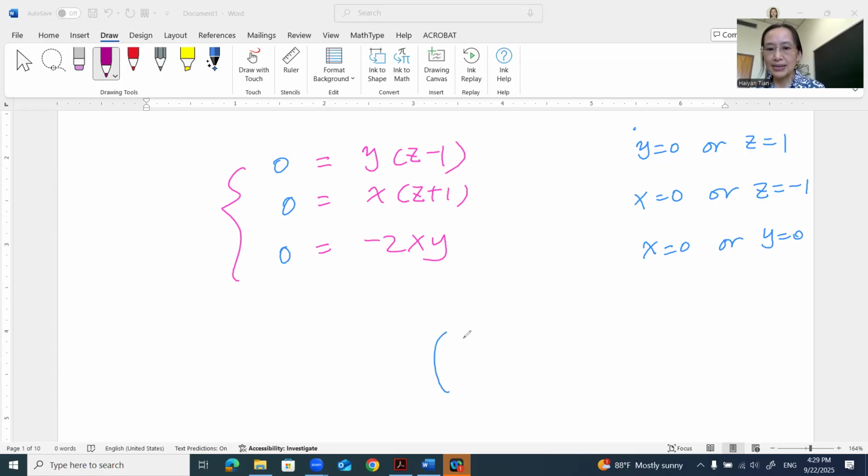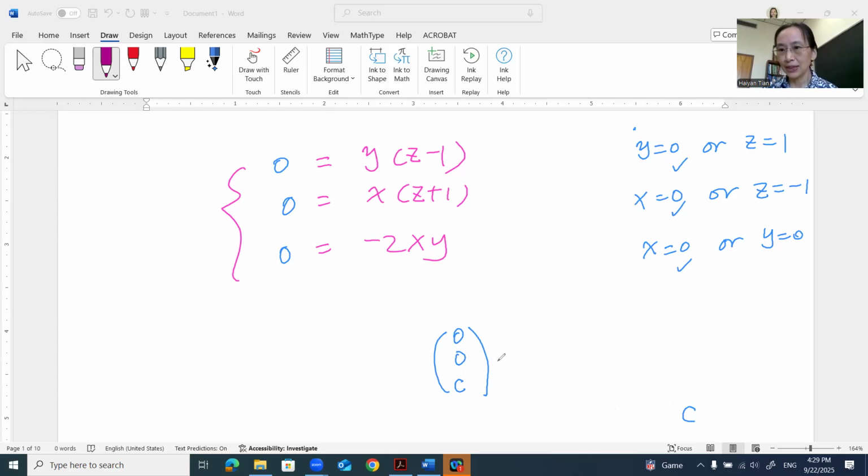Immediately we notice that when x is 0 or y is 0, then all 3 equations are guaranteed to be 0. That means we don't have to impose any restriction on z. Z can be arbitrary, so c is an arbitrary real number. That means any solution of this form with c being an arbitrary real number is a solution.